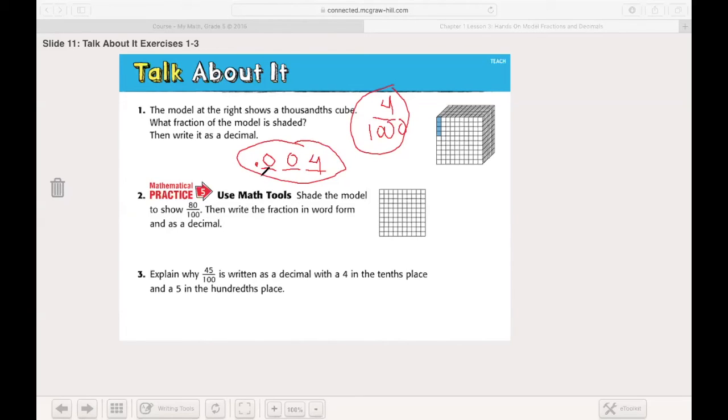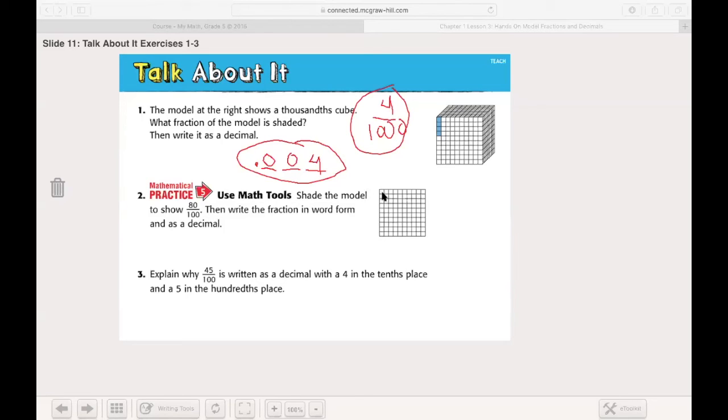Number 2, use math tools. Shade the model to show 80 out of 100, 80 hundredths. Then write the fraction in word form and as a decimal. Okay? So I'm going to color, out of 100, I'm coloring in 80. Notice that that is equal to 8/10.